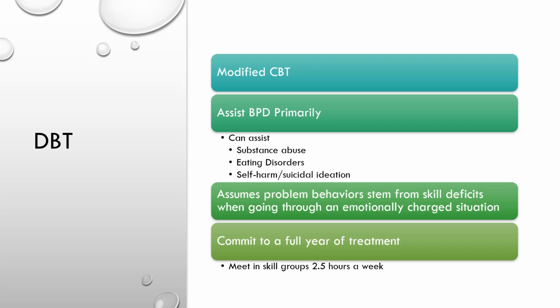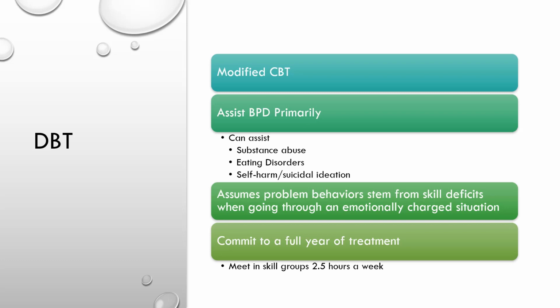DBT is a modification of CBT. It's dialectical behavioral therapy, and it assists in borderline personality disorder primarily. It's actually one of the leading treatments for borderline personality. What it can also assist with is substance abuse, eating disorders, and self-harm or suicidal ideation.